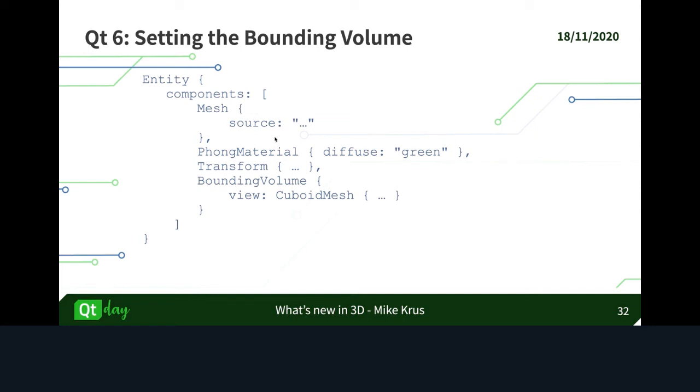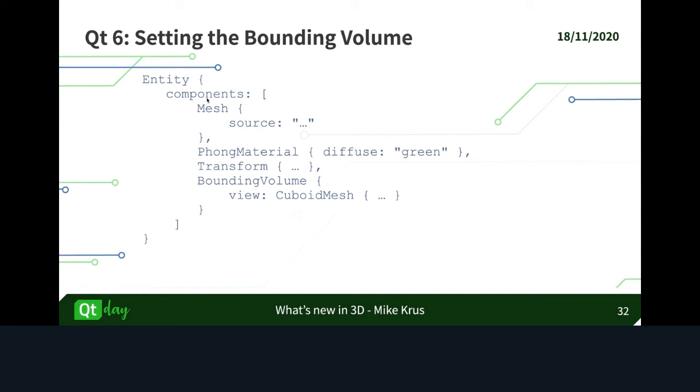So here I'm loading a mesh from a file, and I know that this mesh is going to fit inside a cube of a certain side. So I can create a bounding volume and give it a mesh that is going to be of the appropriate size. Here I'm just using a cube, and I could give it the size of a cube because I know that the mesh here is the right size.